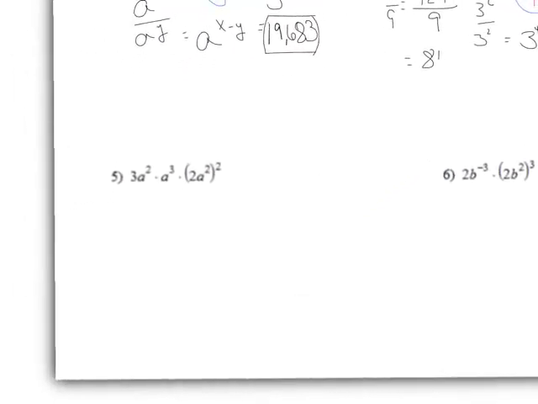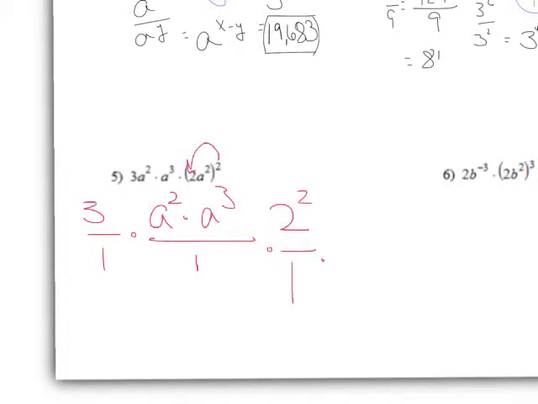Alrighty. So I have 3. I'm going to go ahead and write this out as a fraction now, because now it's starting to look a little bit complicated, right? So I'm going to do 3 over 1 times a squared times a cubed over 1 times 2 to the 2nd over 1 times a to the 4th over 1.